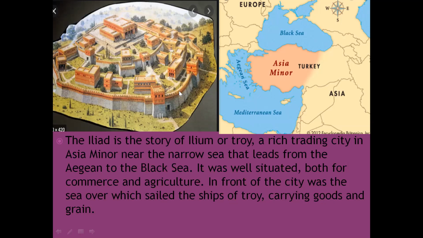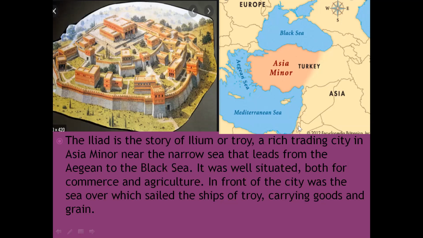Troy was a rich city. It was in Asia Minor. Where is it? It is near the narrow sea that leads from the Aegean Sea to the Black Sea. Yes, you can see the exact place on this map.